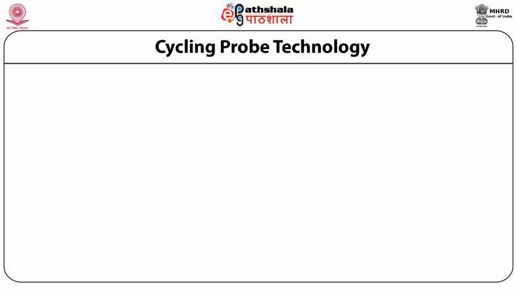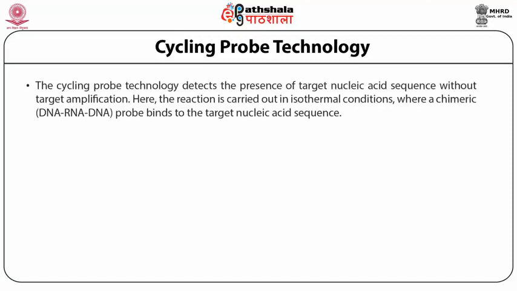Cycling probe technology. The cycling probe technology detects the presence of target nucleic acid sequences without target amplification. Here, the reaction is carried out in isothermal conditions where a chimeric probe, that is DNA, RNA, DNA, binds to the target nucleic acid sequence.